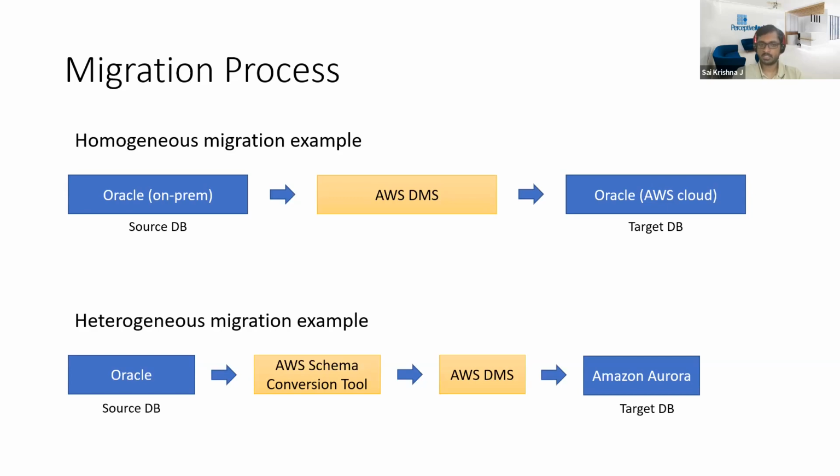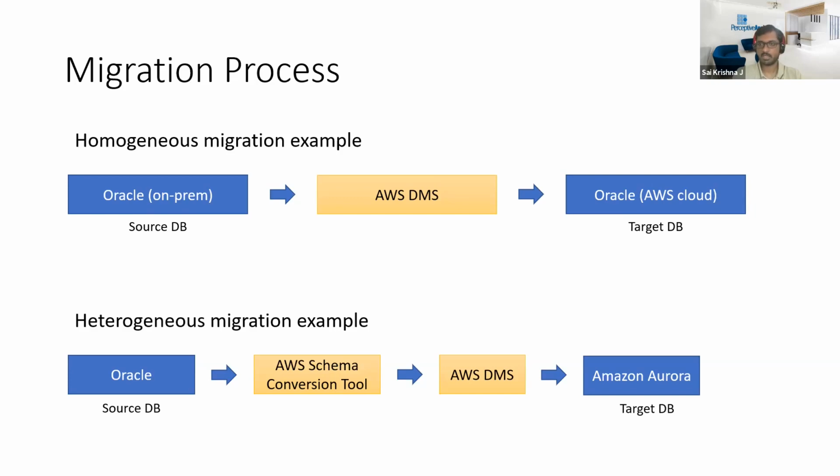The only difference is that you typically migrate from an on-premises platform to a cloud platform, or vice versa. So the only condition for you to use AWS is that one of your endpoints, that is either the source or the target or both of them, at least one of them, should be hosted on the AWS platform.